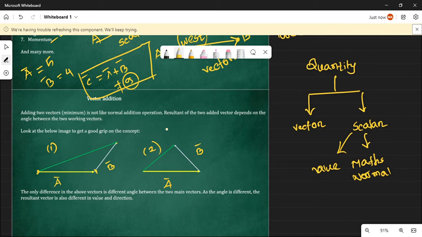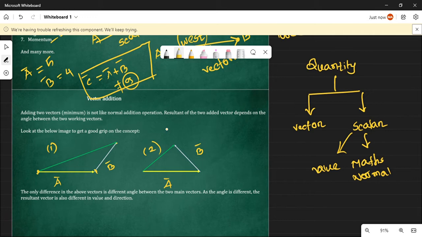If we join the starting point of one vector to the ending point of the other, the third vector, starting from the starting point of the first vector and directed towards the ending point of the second vector, will be the sum of the two vectors.